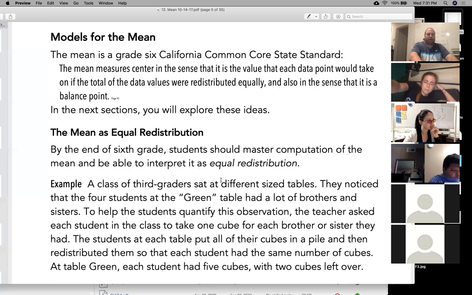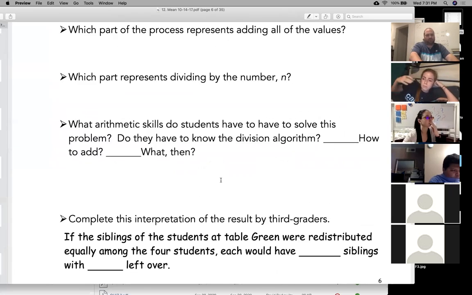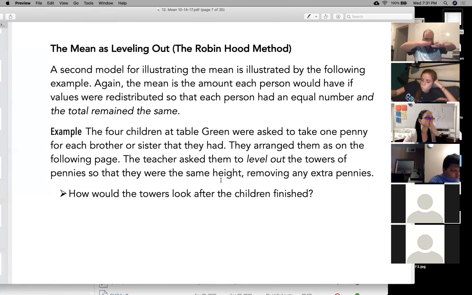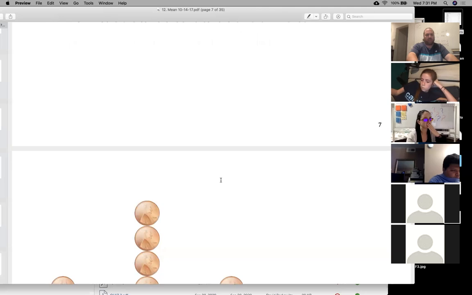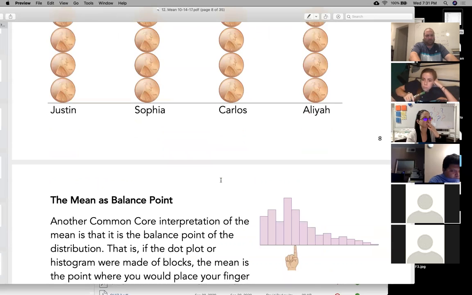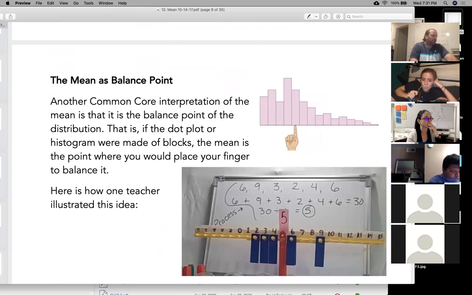We did some examples of that, and you should certainly be aware of that. The leveling out method, right? You equally distribute it. So we did that for sure. And then let's see what else we have. Then we had the balance point method, which was the other technique. The balance point method is where you can put your finger so that the distribution will be perfectly balanced.